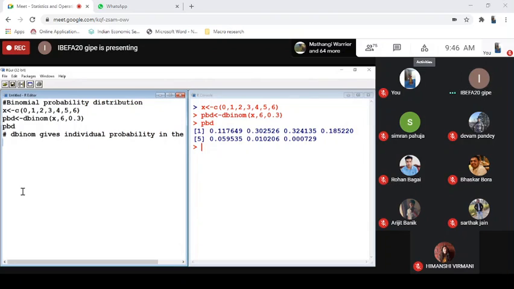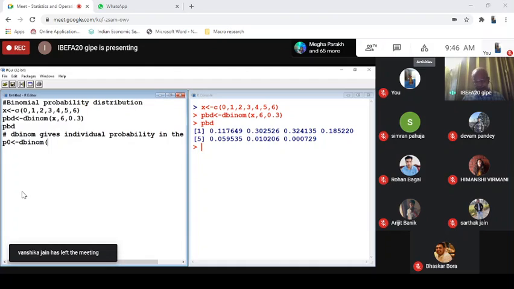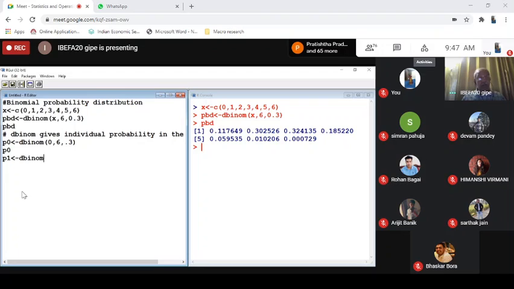And we want probability for 0. I denote P0, dbinom 0, 6, 0.3. I want probability 1, P1, dbinom. Again I want P2.